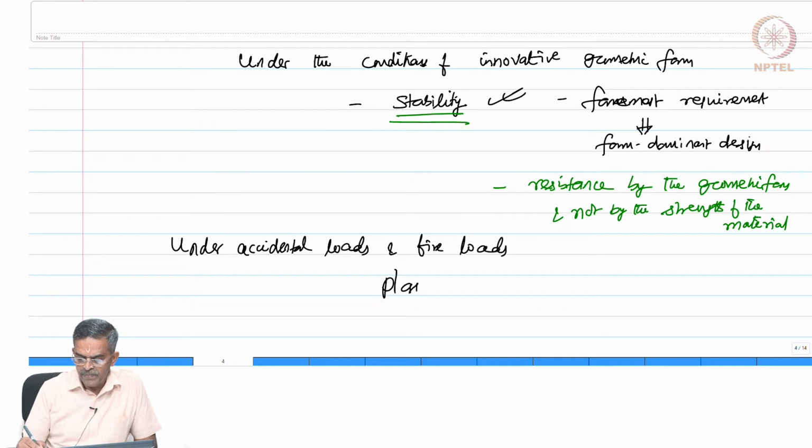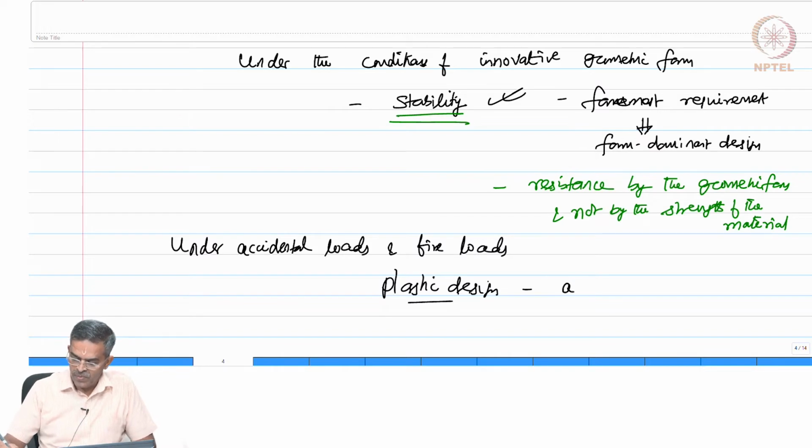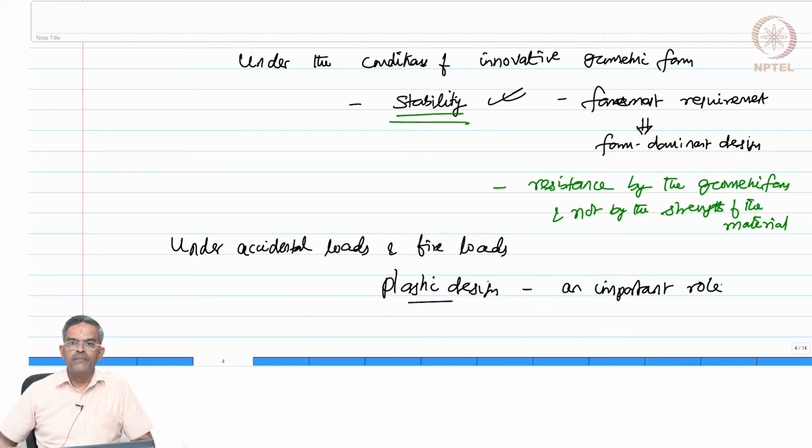Plastic design plays a very important role. As we all know, plastic design procedure effectively uses the cross-sectional property of any material. Of course, using plastic design for composite materials like reinforced concrete is complicated because the behavior of concrete and steel in close agreement under the given load pattern is difficult to establish.